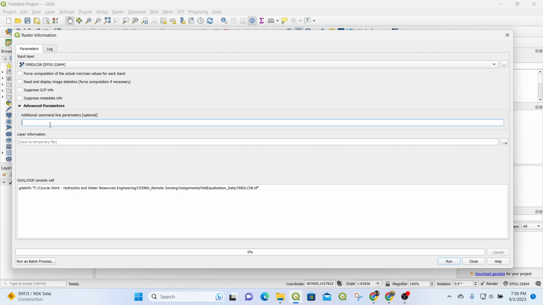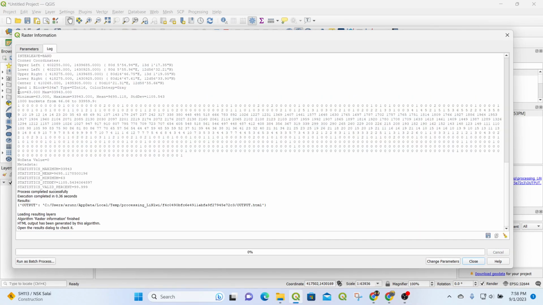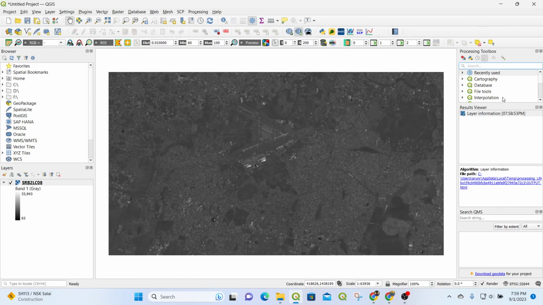So in the advanced parameters, type hyphen HIST and then run this. Let me do it in another version.